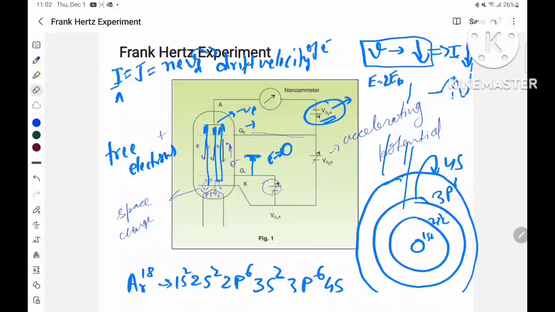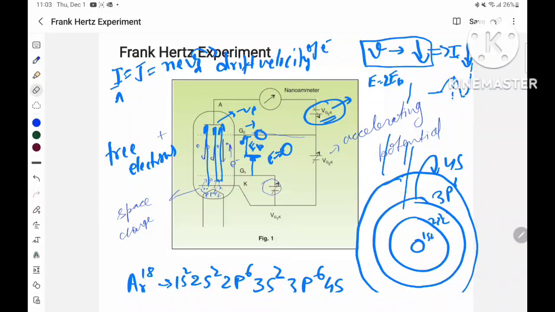Now its energy has gone down to 0, suppose, and it again started from here because of the electric field, right? There is an electric field in this region. So again this electron started getting accelerated, and before reaching the grid 2, it again gathered the energy EP, and because of this energy it again transferred this energy to the electron in the argon atom, and again its energy went down.